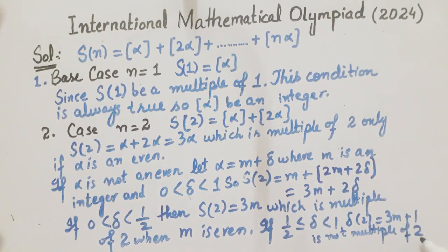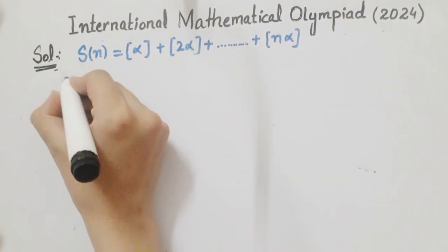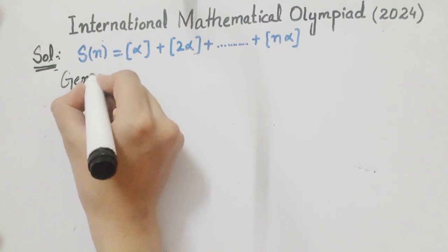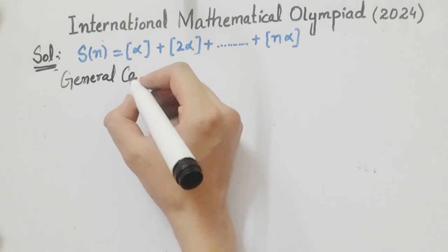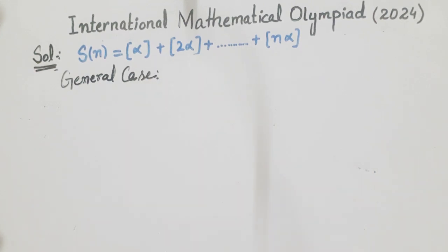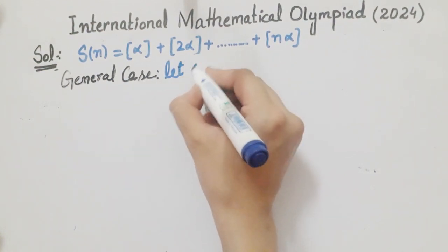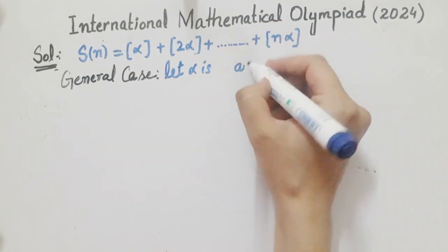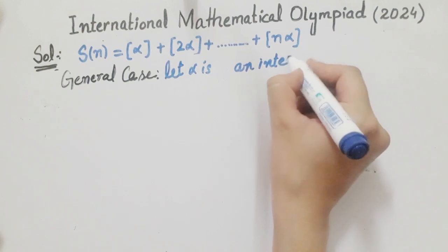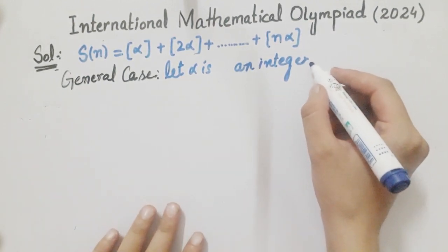Now we will solve the general case. Let alpha be an integer.